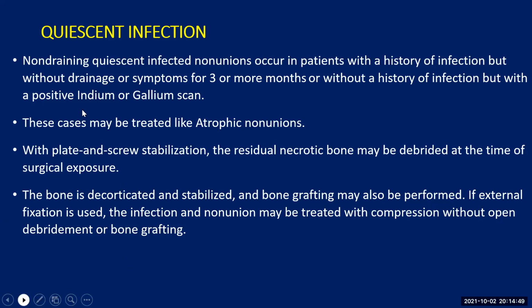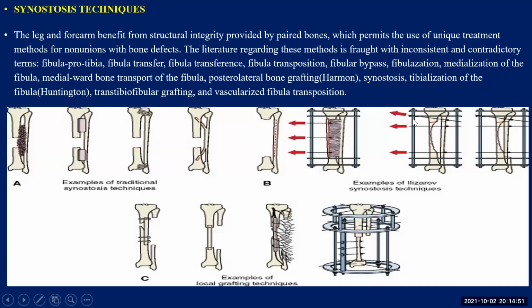Now coming on to synostosis, two commonly asked questions in exams. One is what is a Huntington's procedure, that is the tibialization of fibula, and the other is a Harmon procedure, that is a posterolateral bone grafting. These are various methods of doing synostosis, that is fusing tibia with fibula.